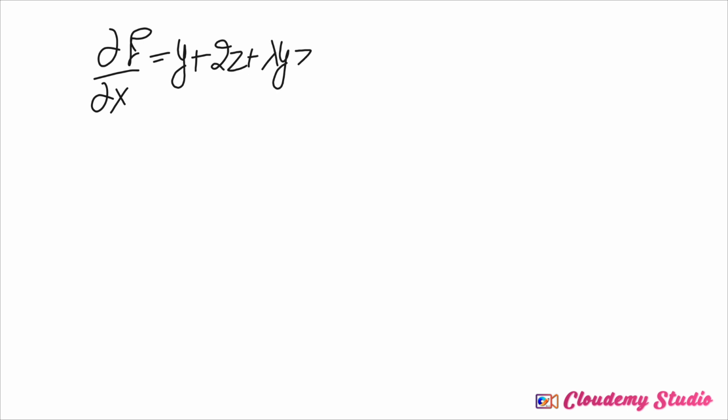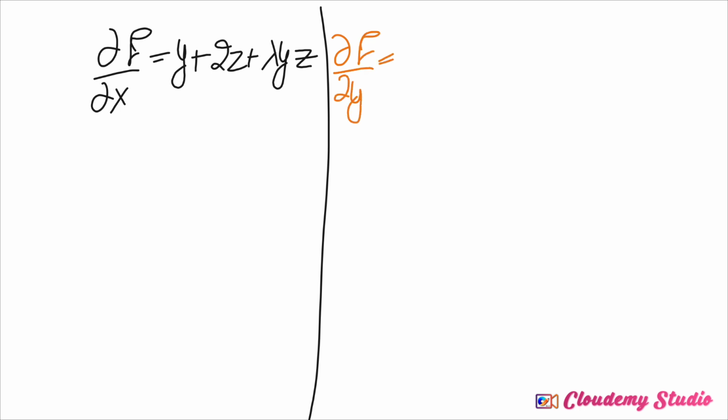Now we'll find del f over del x, that will be this. And del f over del y is x plus 2z plus lambda zx.